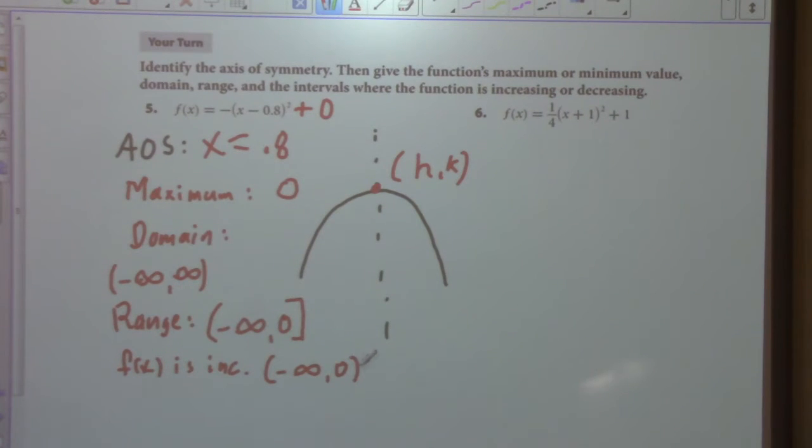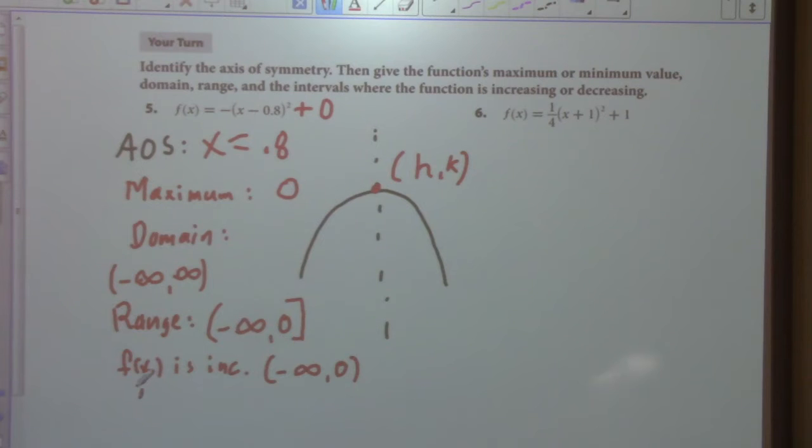I think it's a matter of technicality. You could put a bracket here, but the book, for reasons I don't want to get too deeply into, prefers parentheses, and I prefer you use parentheses for this. Since the function is increasing all the way up to 0, you can make an argument for that. But when we get into calculus, there's a reason to make it parentheses too. So it's sort of arguable. But still, Chloe, that's good work.